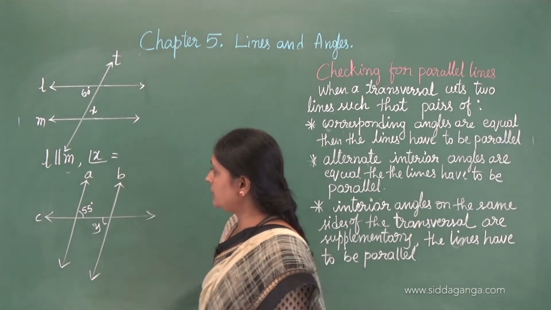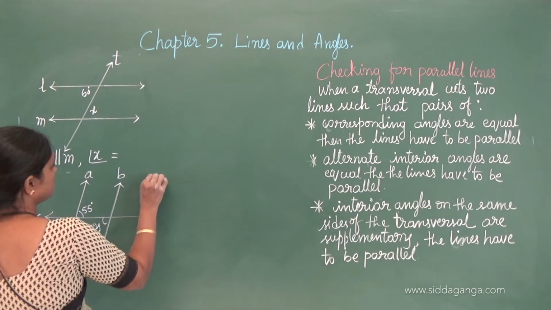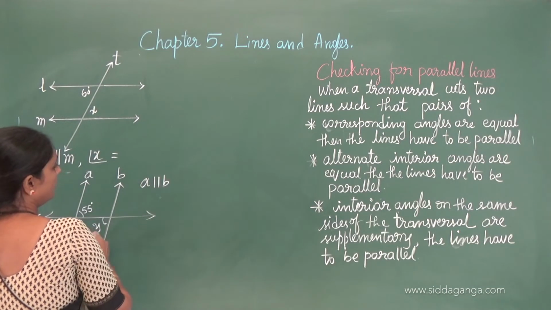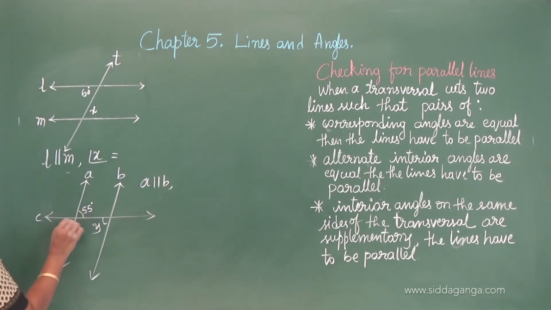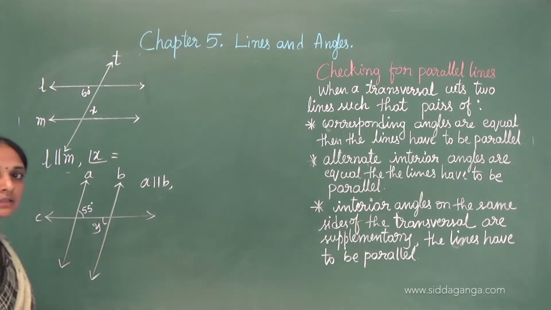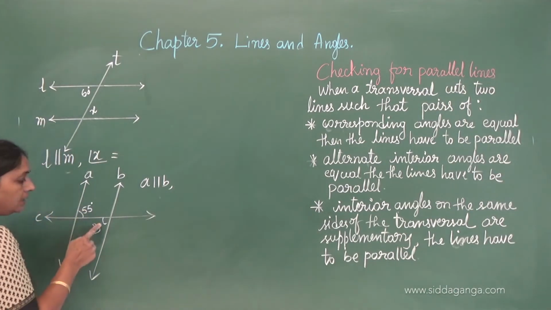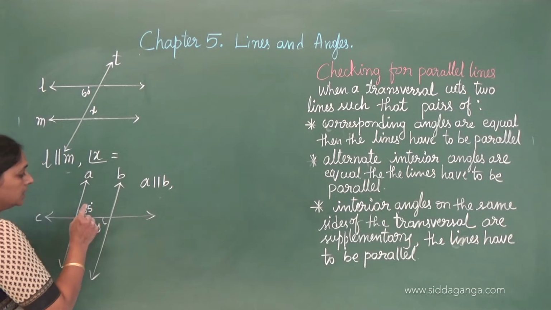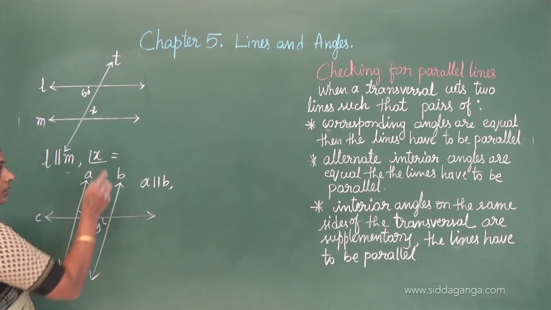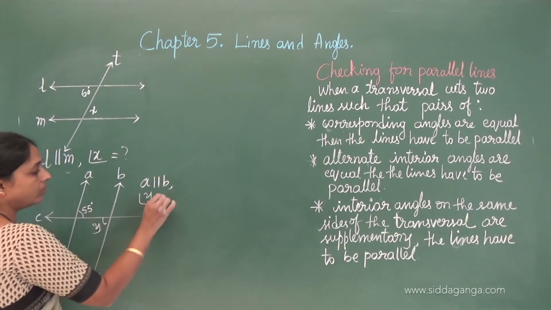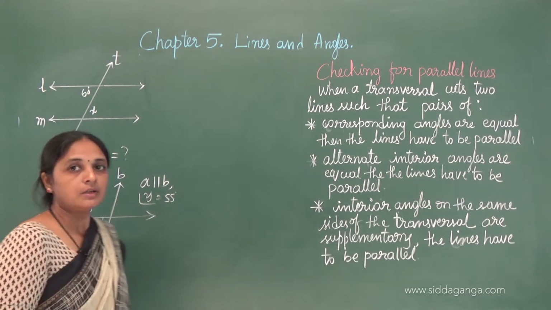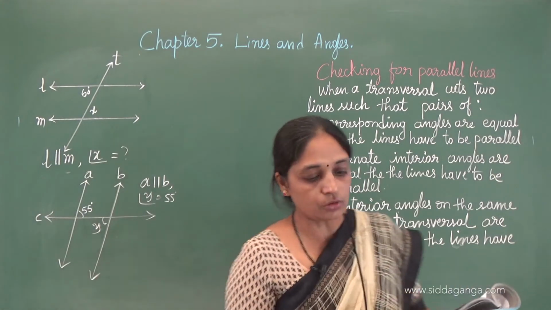A is parallel to B and C is a transversal. These angles are alternate interior angles. Here also they are equal, and the value of Y will be 55 degrees.